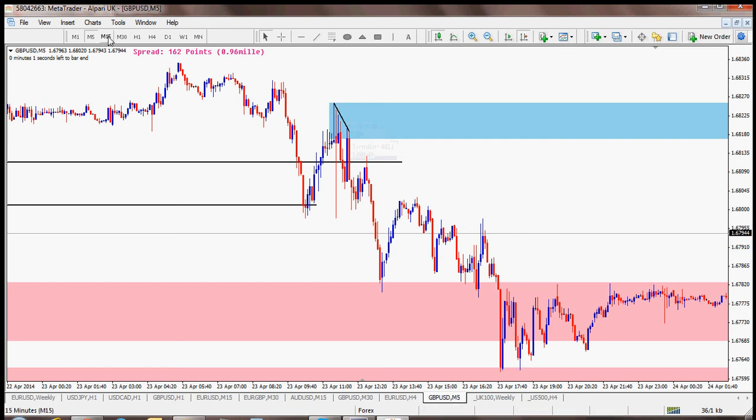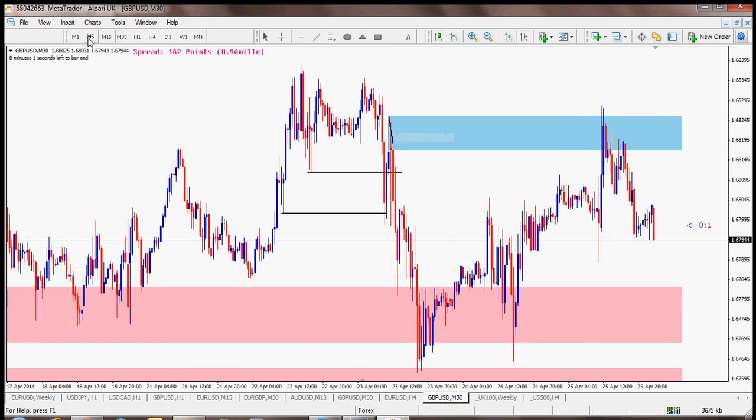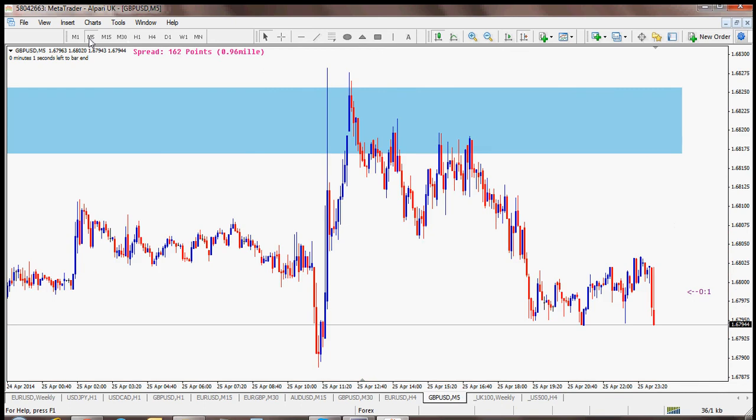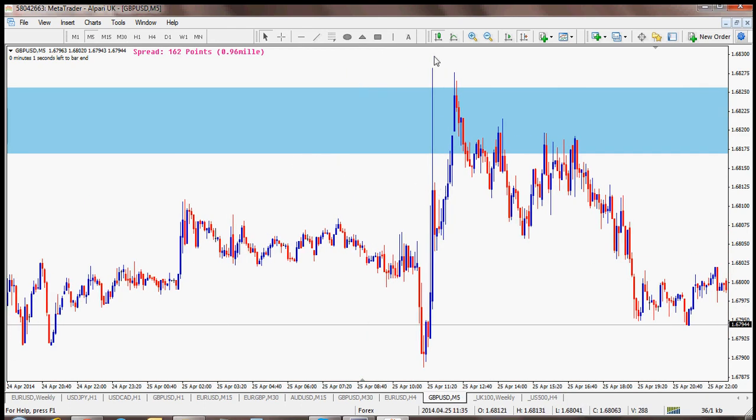And I think that's in fact what happens if we go back out, and you see there you have a fake out of this zone here, and then whoop, off it goes. And then if we zoom into the fake out zone, you can see that looks like kind of a news event sort of thing.